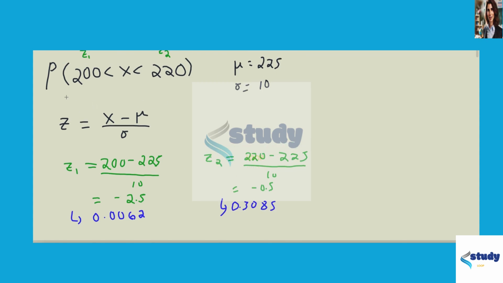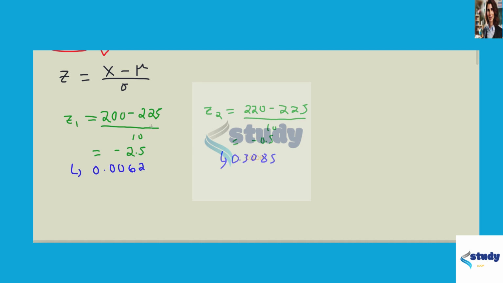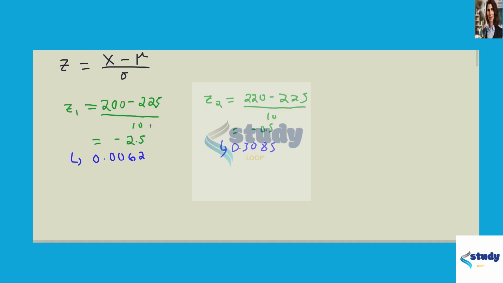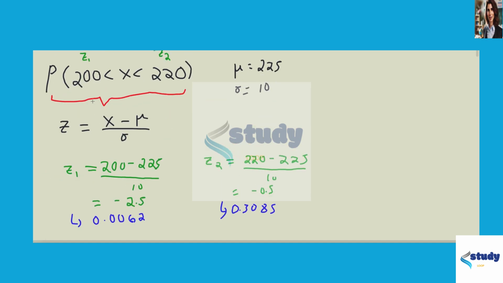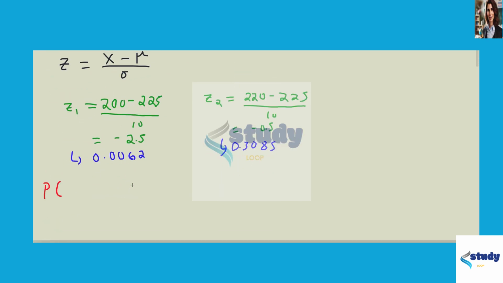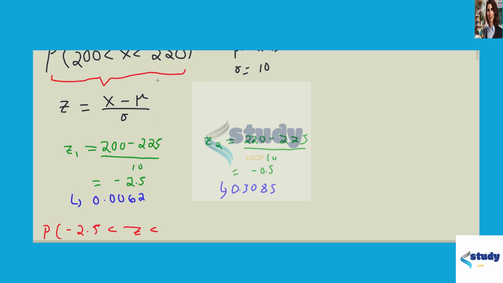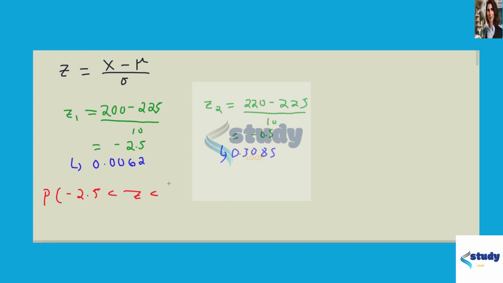Now what we're going to do is rewrite this general equation in terms of the z values. So you can get P at 200, we got negative 2.5, so negative 2.5 is less than z, which is less than z for this one, which is negative 0.5.